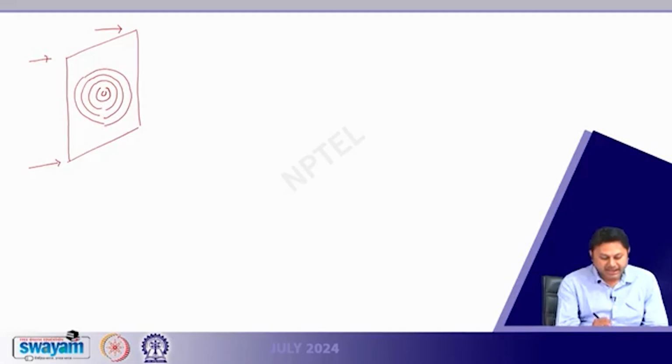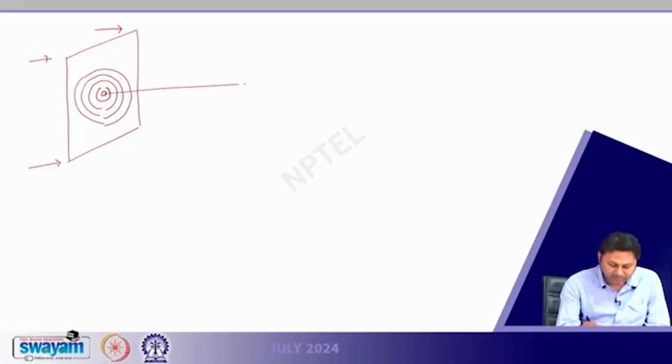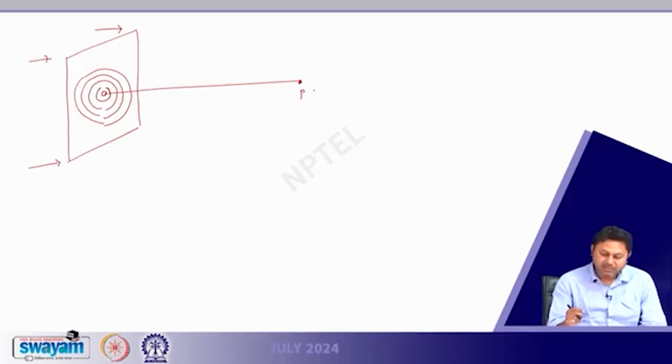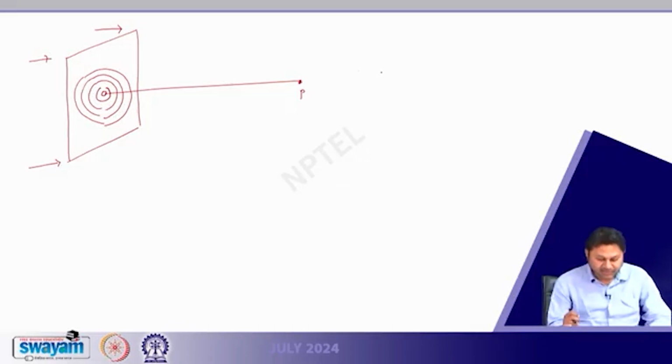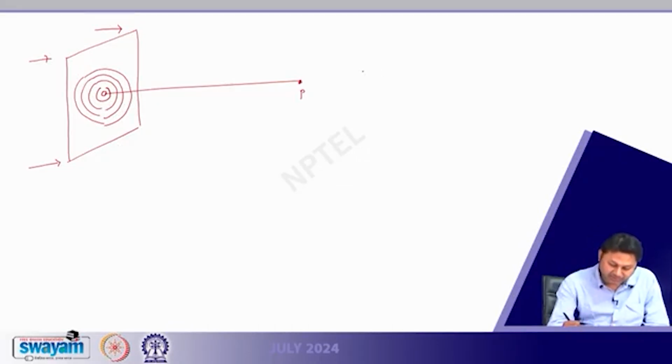Then, if I want to find the intensity or the amplitude at this point P, we find that the total disturbance, the amplitude due to the entire wavefront, A n, is simply equal to A1 divided by 2.